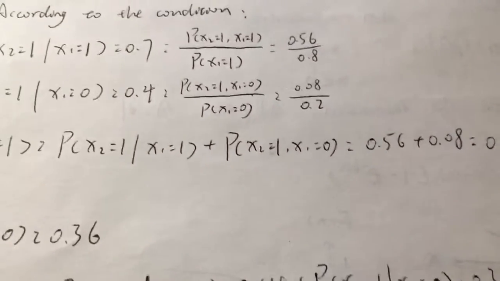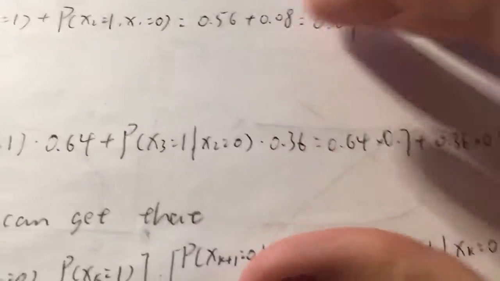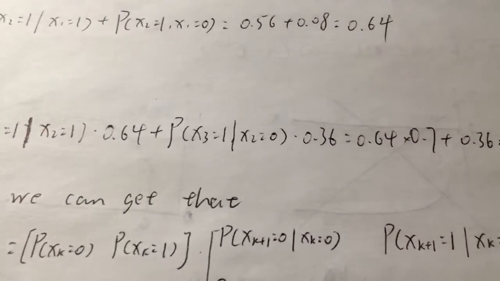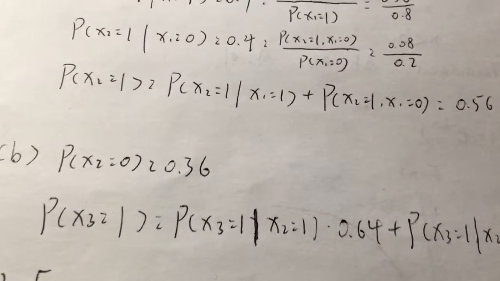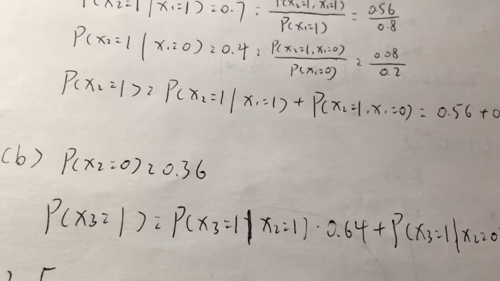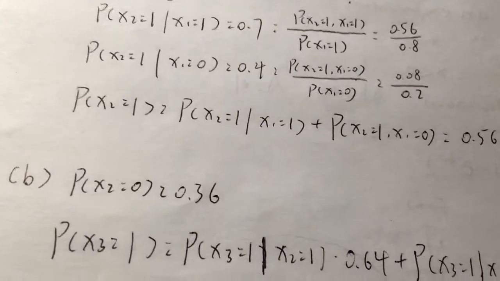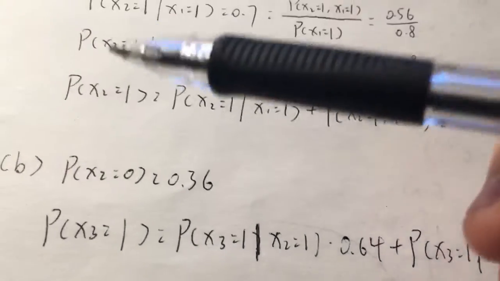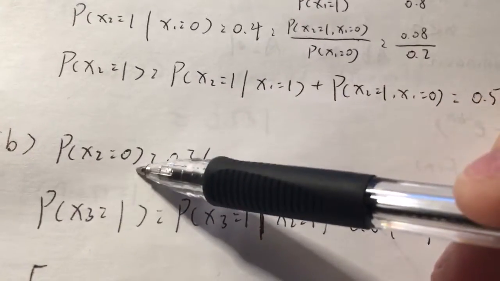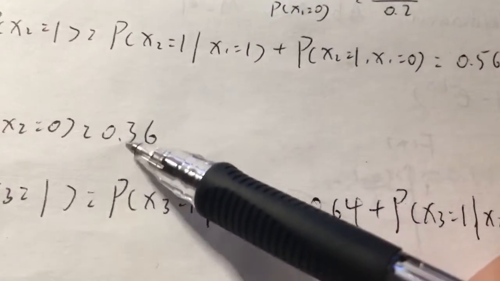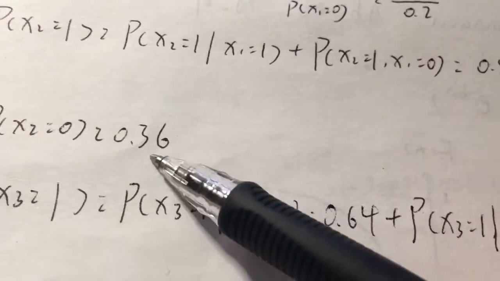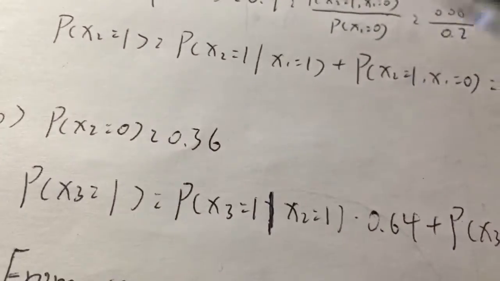And question 2 is we need to find the probability that x3 equals 1. According to the first condition, we know that the probability that x2 equals 0 is 1 minus 0.64, which is 0.36.